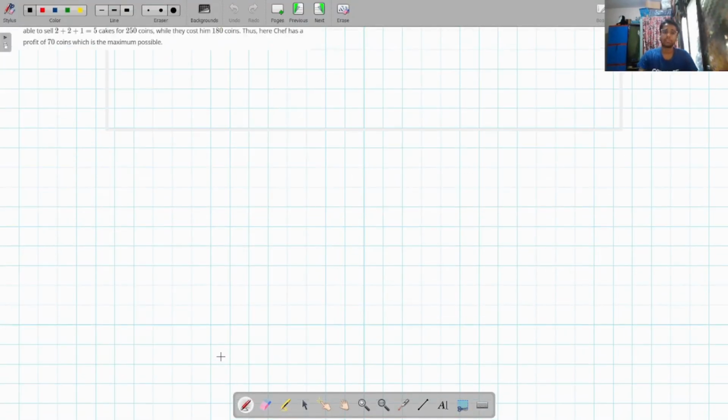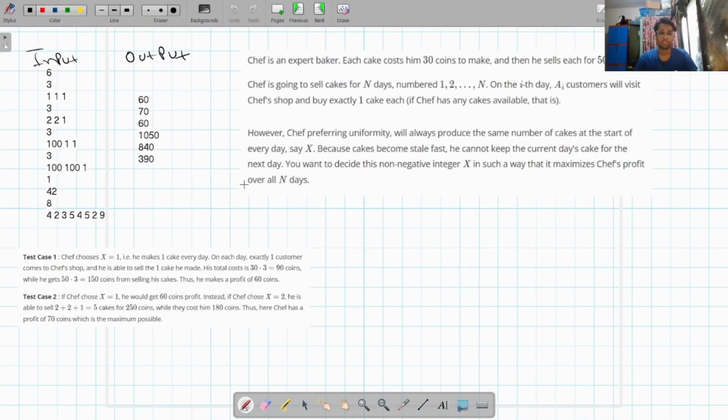So guys, this question is pretty much straightforward. It says that Chef is an expert baker, and each cake costs him 30 coins to make, and then he sells each for 50 coins. Okay, 30 to make and selling at 50 for each.